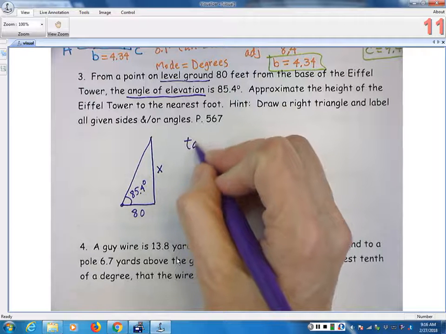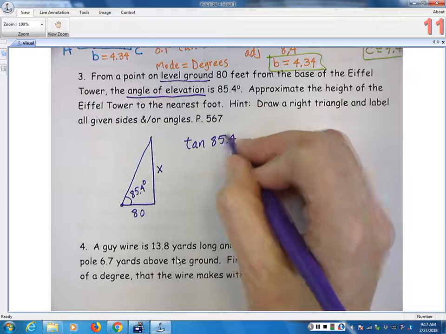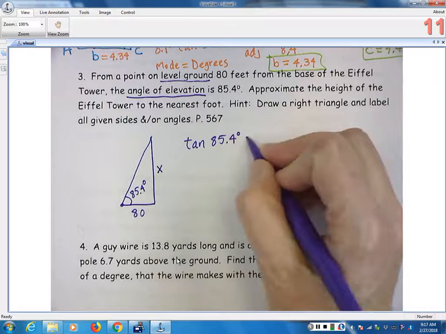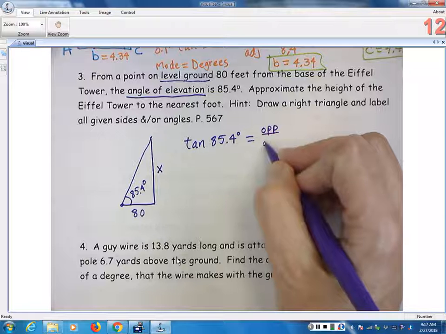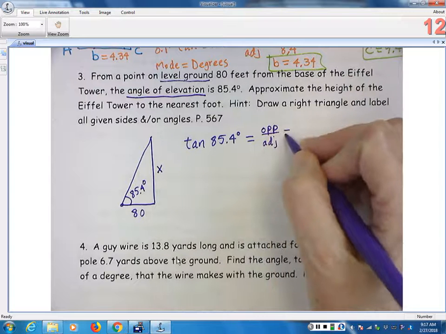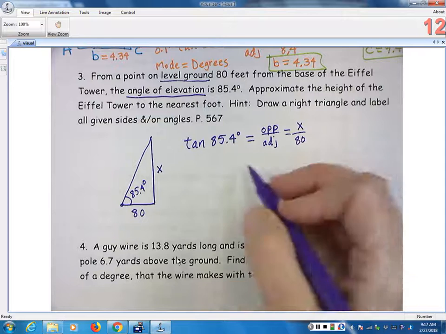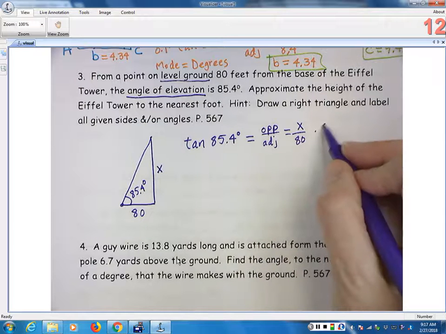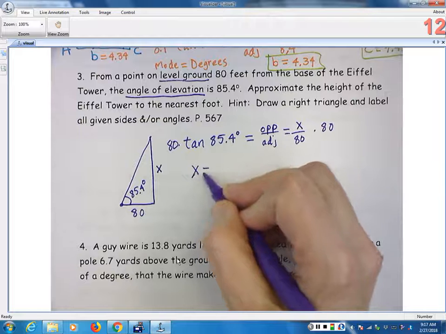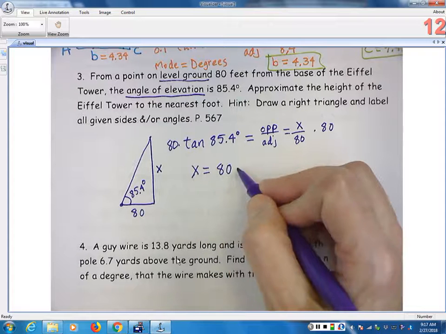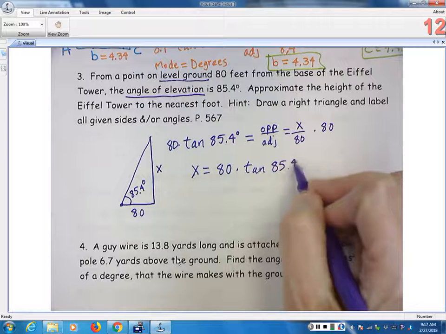Tangent of 85.4 degrees is opposite over adjacent, which is x over 80. So we're going to multiply through by 80. So x is 80 times tangent of 85.4 degrees.